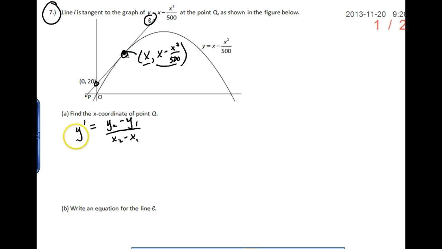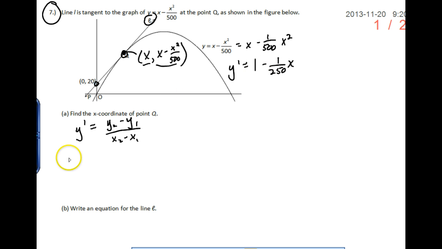So if you think about y, it's actually just x minus 1/500th x squared. So its derivative, y prime, is going to be 1 minus 2 times 1/500th, which would be 1/250th x.